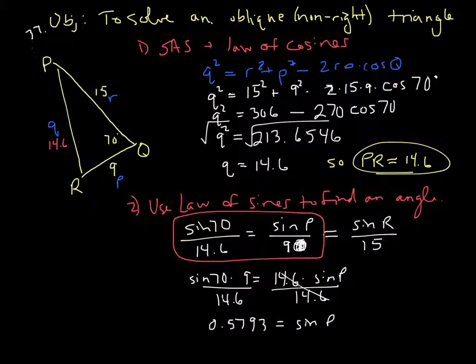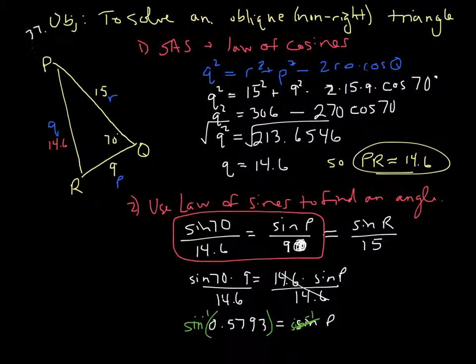And recall, if you're solving for an angle in the calculator, you're going to be doing the inverse to cancel that out. So I've got sine inverse of my decimal 0.5793.